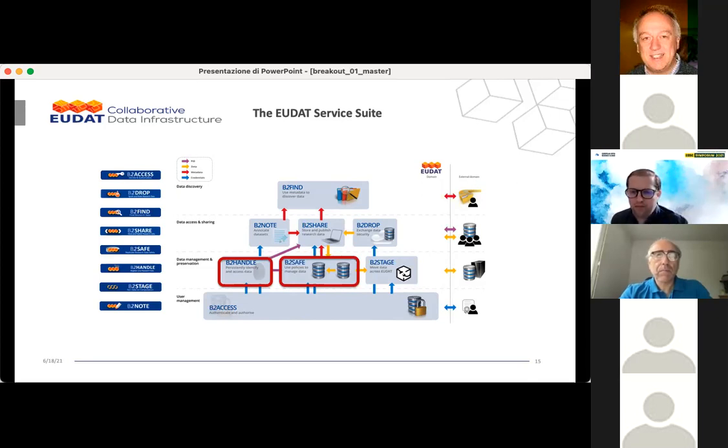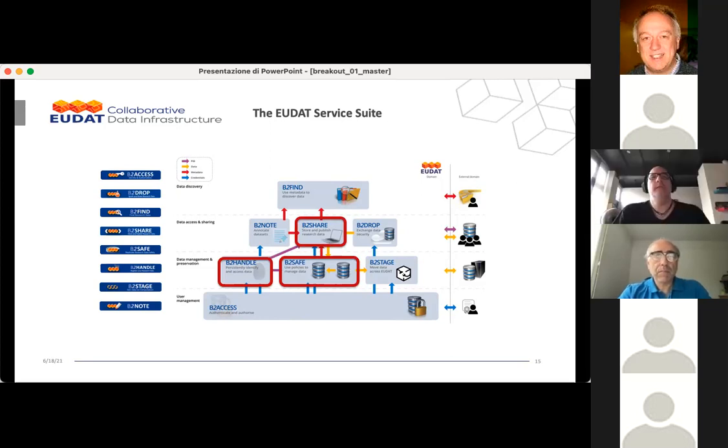And one of those is registering persistent identifiers automatically. Next, please. B2Share is our data publication platform where we register PIDs for landing pages, for data sets, but also for the individual objects. Next, please. And B2Find is our data discovery service, and here we collect a lot of metadata, and within the metadata, persistent identifiers are contained. Next, please.